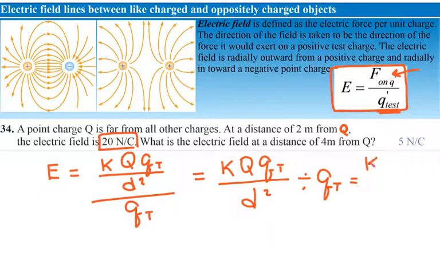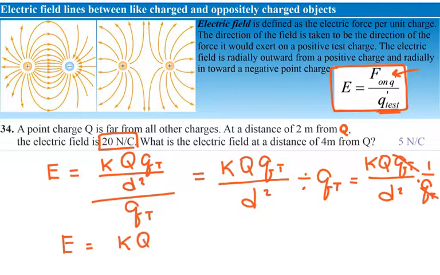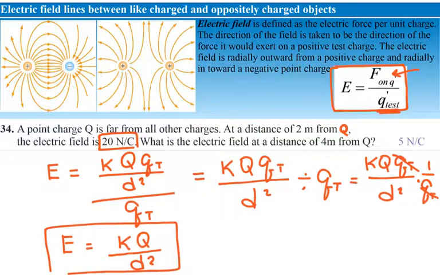That's the same as KQ q_T divided by D squared times 1 over q_T. So the test point q cancels, and I have electric field is equal to KQ over D squared.